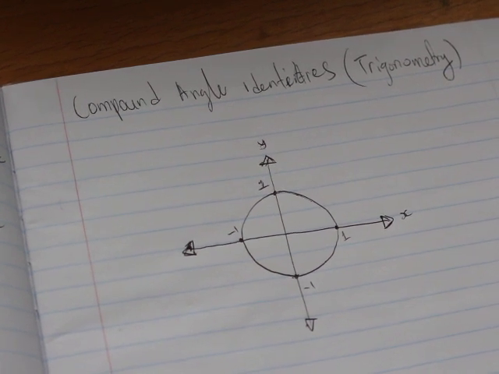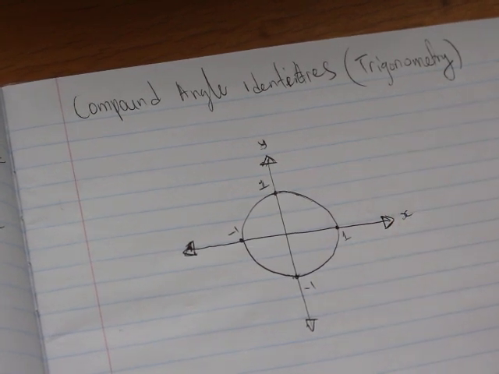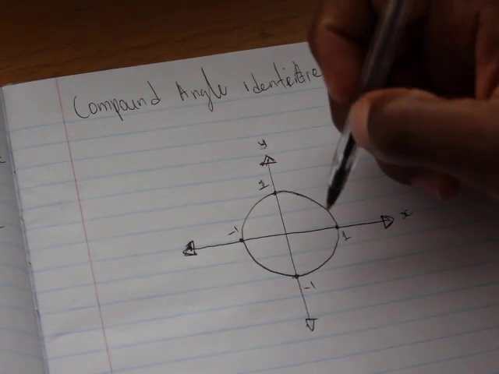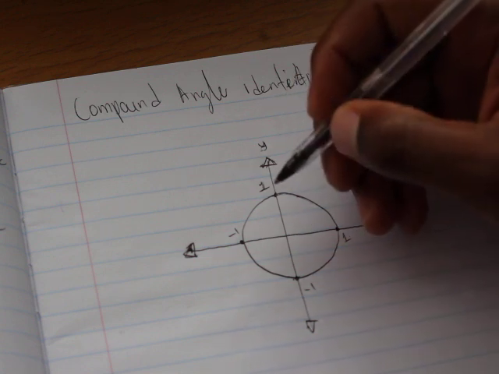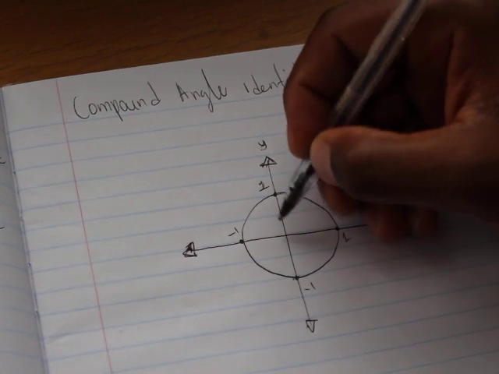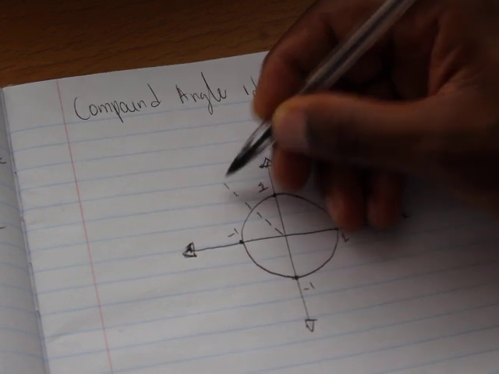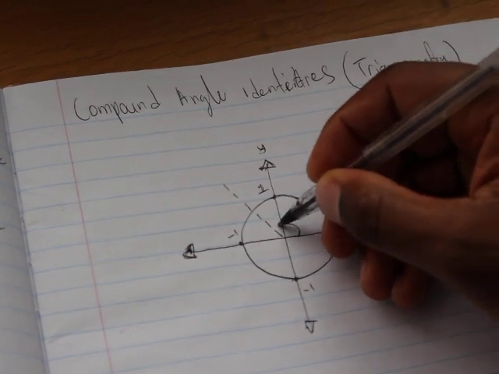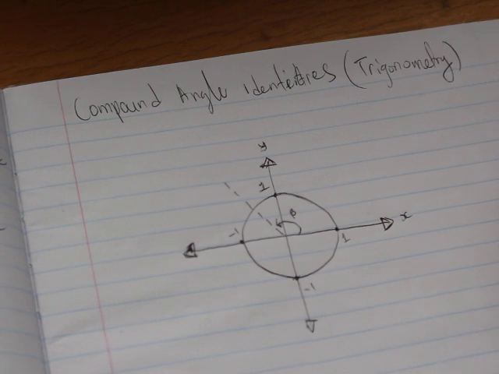Now, I don't know if you guys are going to be able to see, but I'll try my level best. What we're going to do is draw some radii just to indicate the different angles. So the first angle that we're going to have, from here to there, we can call it beta.